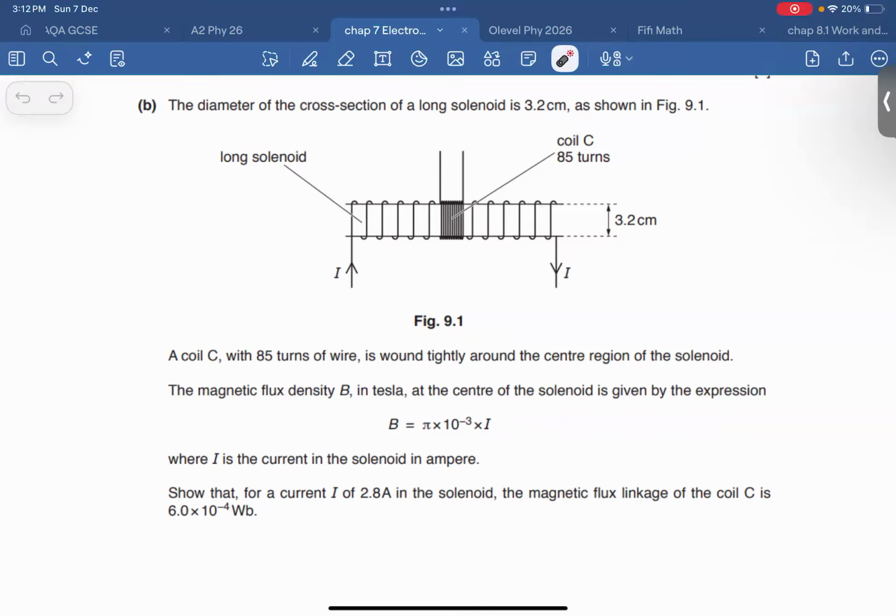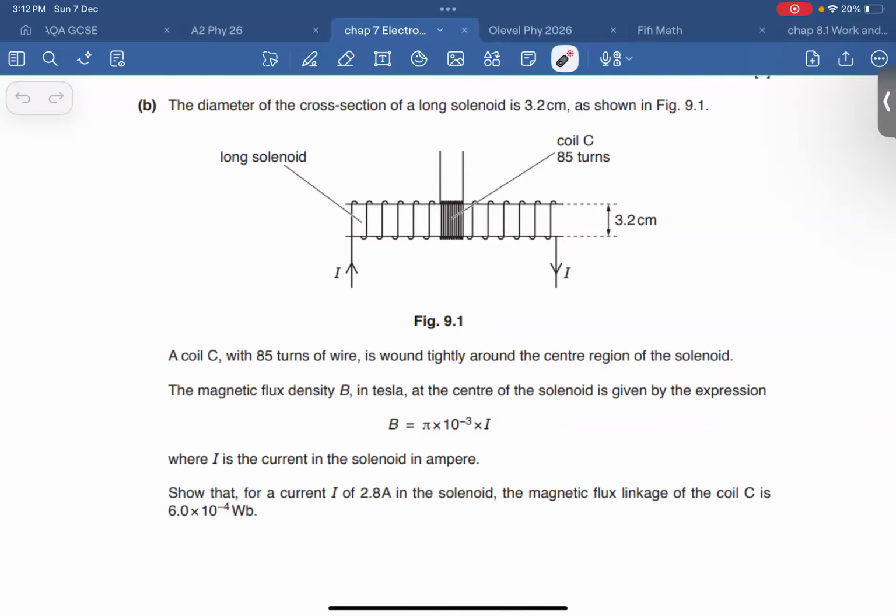The magnetic flux density B in tesla at the center of the solenoid is given by the expression B equals pi into 10 to the power minus 3 into I, where I is the current in the solenoid in amperes. Show that for a current of 2.8 amps in the solenoid, the magnetic flux linkage of C is 6 into 10 to the power minus 4 webers.